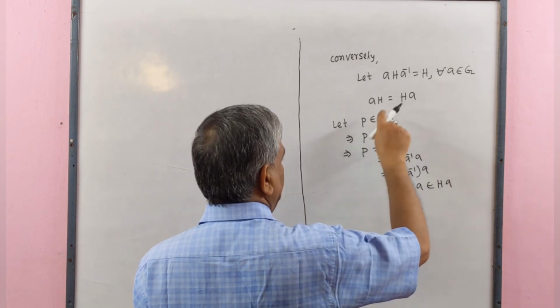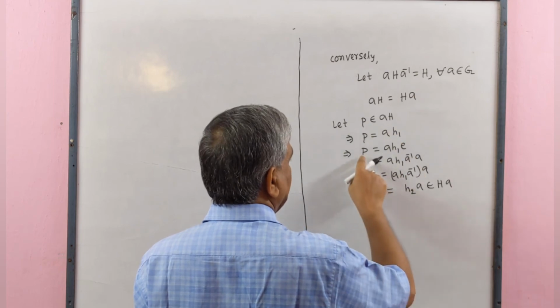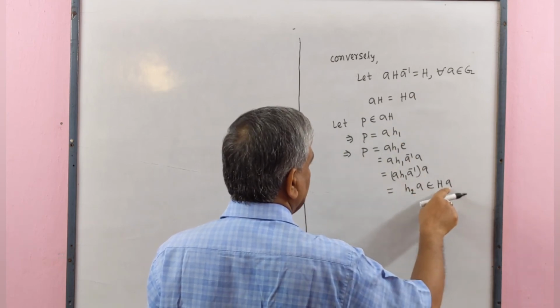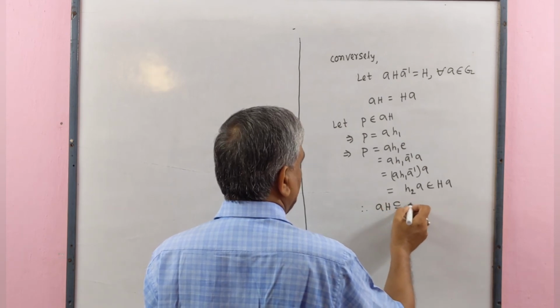Hence P belongs to AH and P belongs to HA. Therefore, AH is a subset of HA.